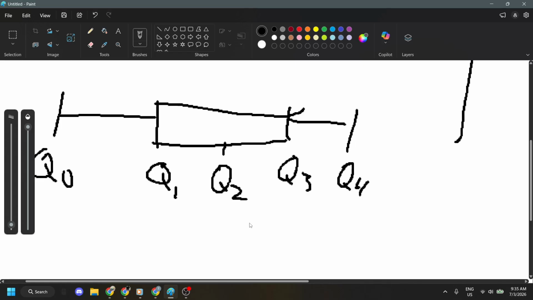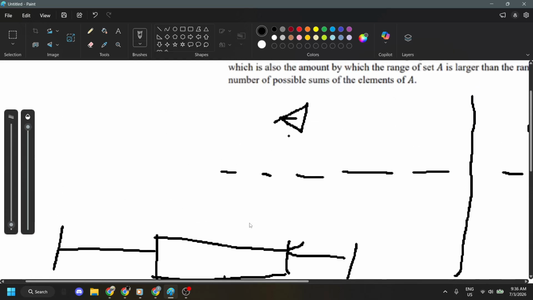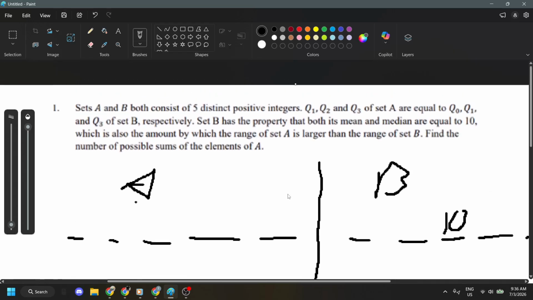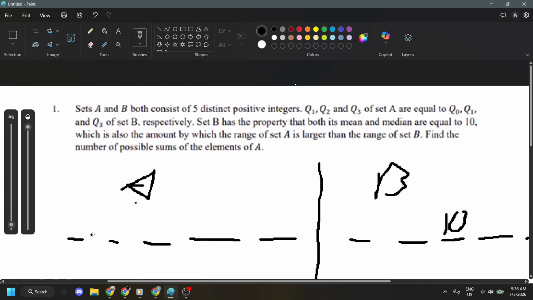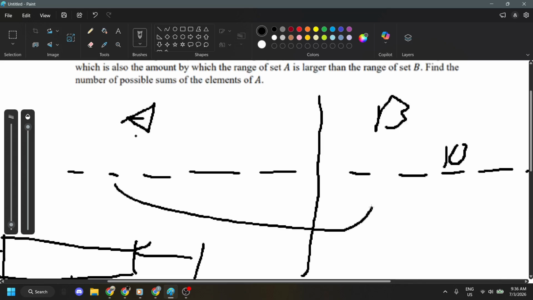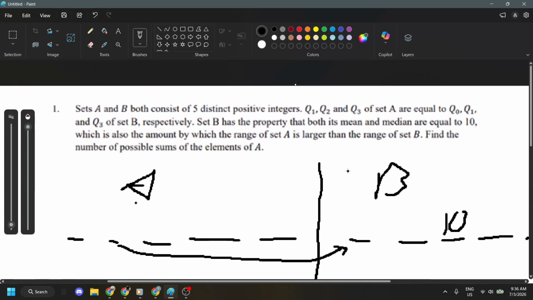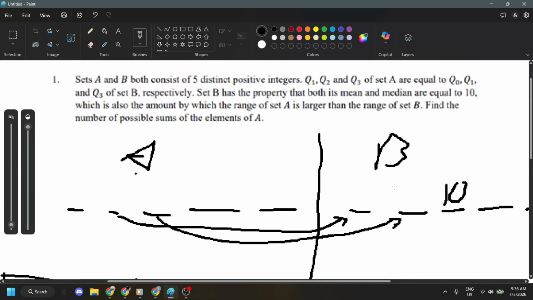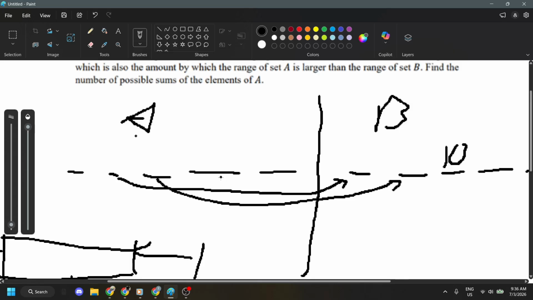Well, either way, that's still just the 4 elements, or 5 elements. So Q1, Q2, and Q3 are equal to Q0, Q1, and Q3.